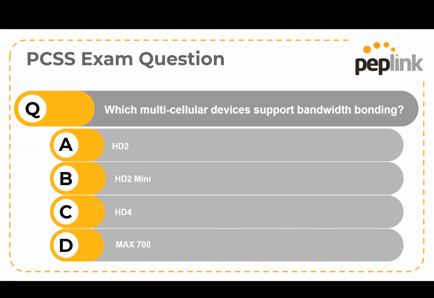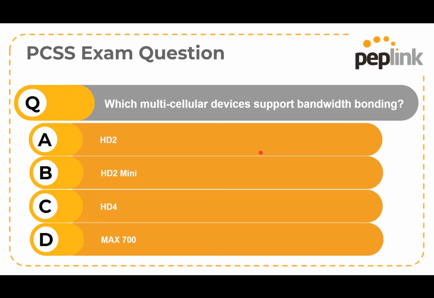I'll give you 10 seconds to decide. 5, 4, 3, 2, and 1. Wow, there's a lot of E's here. C and D. C. Okay, let's look at their answer. I'm going to click it and we'll find out. It's all of the above.